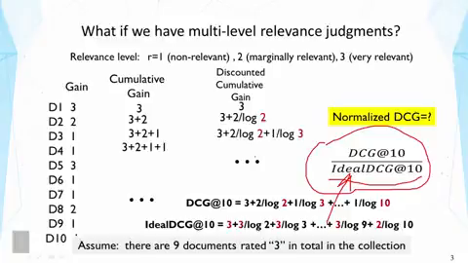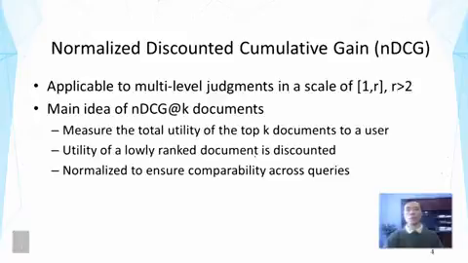It's useful for measuring a ranked list based on multiple level relevance judgments. In a more general way, this is basically a measure that can be applied to any ranked task with multiple levels of judgments. The scale of the judgments can be more than binary, it can be multiple levels, like 1 through 5 or even more, depending on your application.